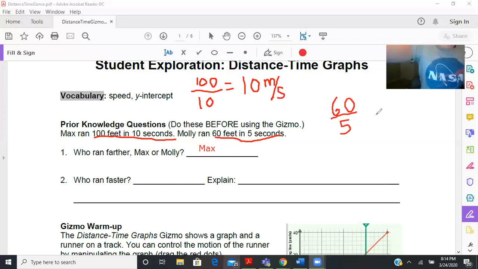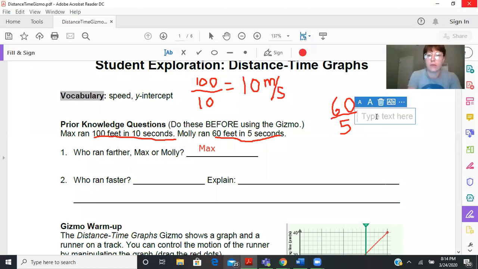Let's see if I can use this. 60 feet in 5 seconds. Which would mean, yeah, much better. Stylus. 60 divided by 5 is 12. So that's 12 meters per second.